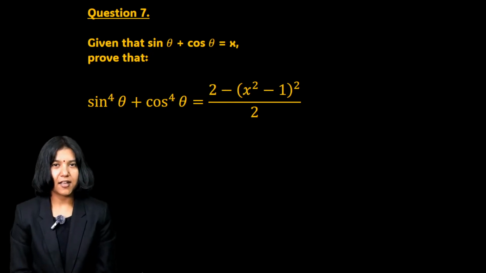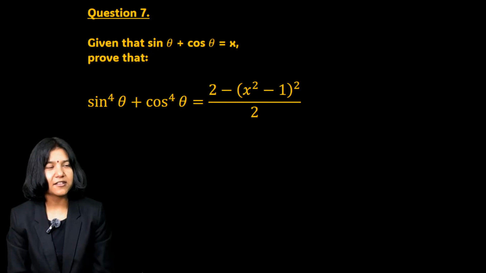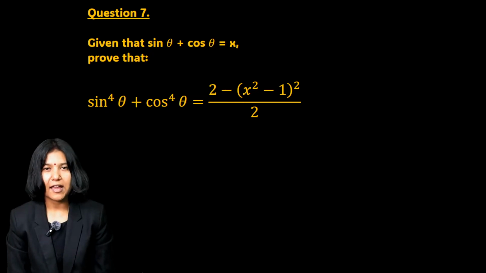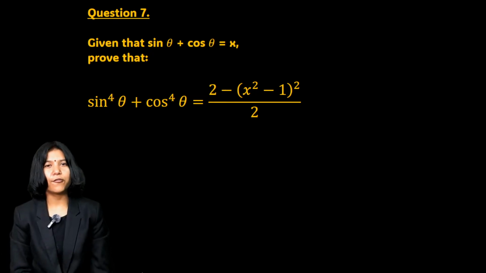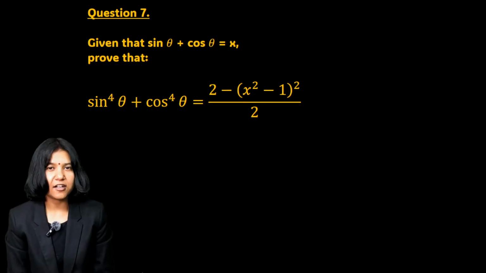But I know that sine and cos have an identity that I can connect with, and they have already given one equation in terms of x. They want me to prove sine to the power of 4 and cos to the power of 4. I can think about getting these power of 4 only if I take the main identity of sine and cos.